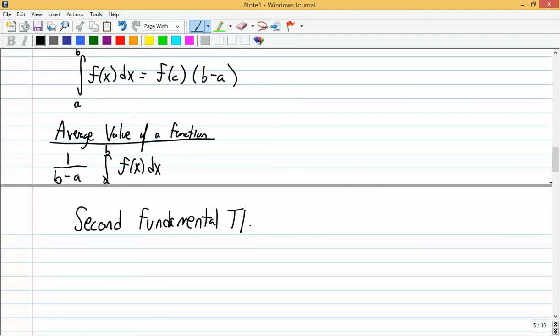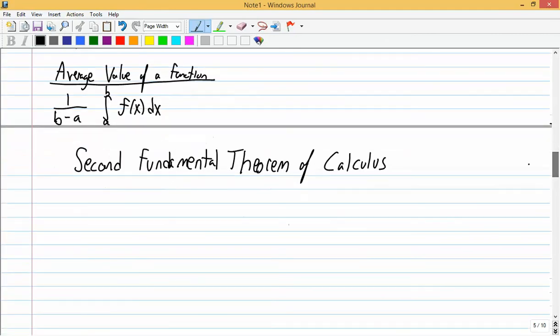But as far as you are concerned, it would be important to let you know, and you've probably already been told, that when you take an integral, you can then take the derivative of your answer and get what you started with. That's kind of what the second fundamental theorem of calculus hints towards.